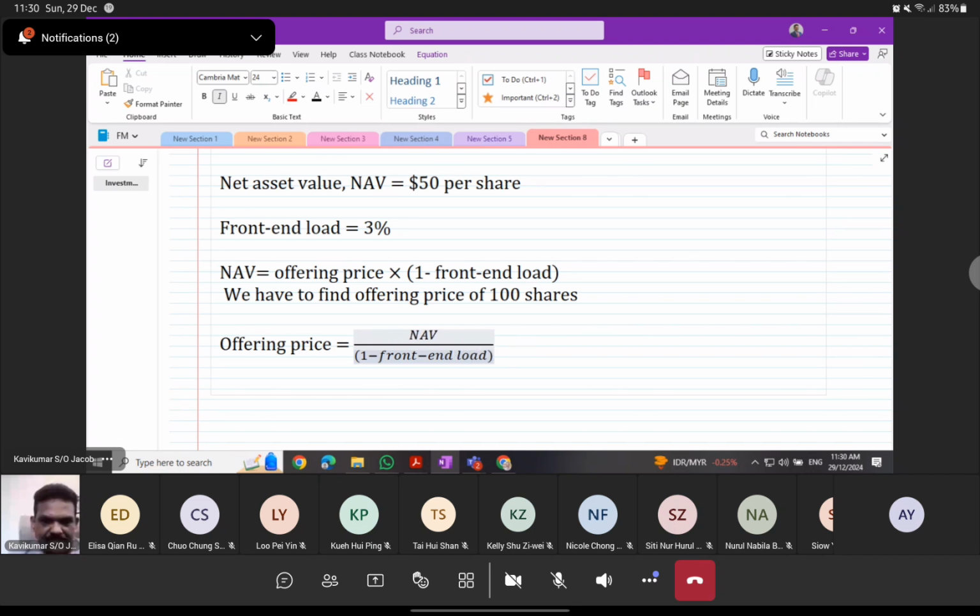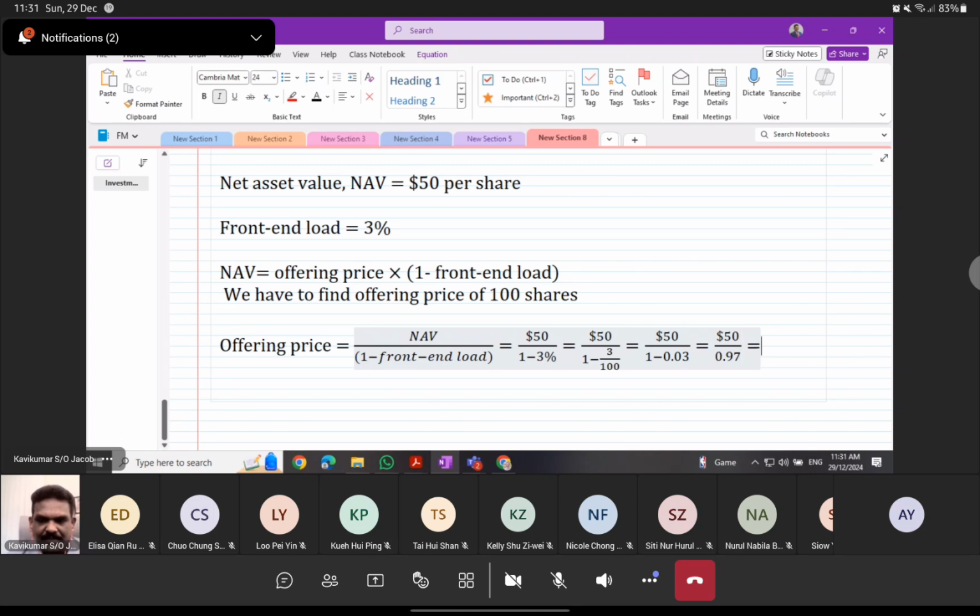That is $50 divided by 1 minus 3%, which is $50 divided by 1 minus 3 divided by 100, which is $50 divided by 1 minus 0.03, which is $50 divided by 0.97. So this is per share.